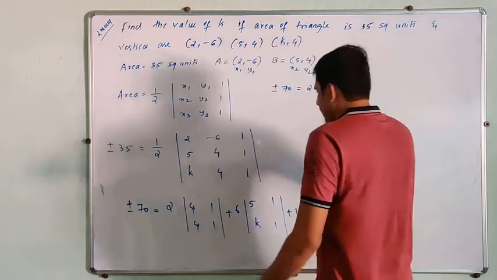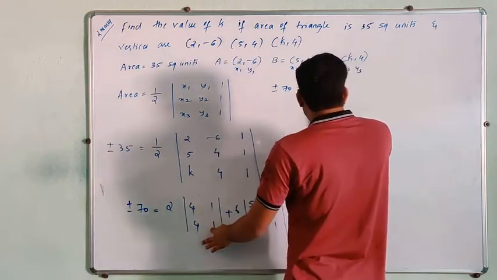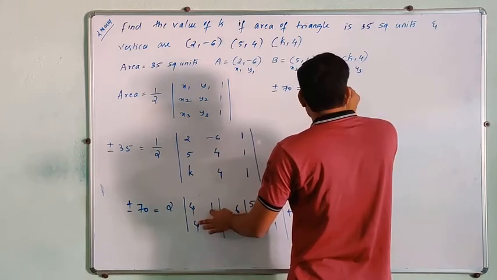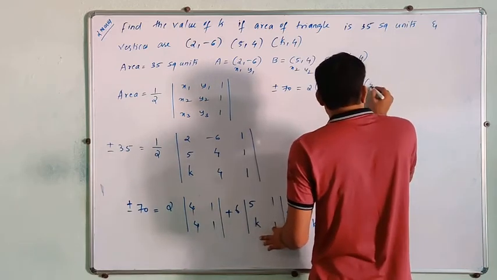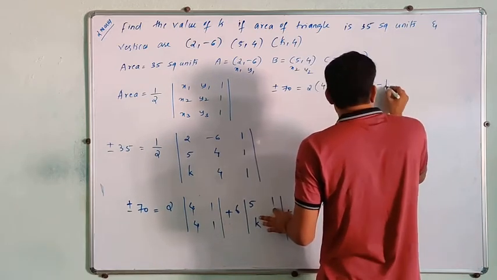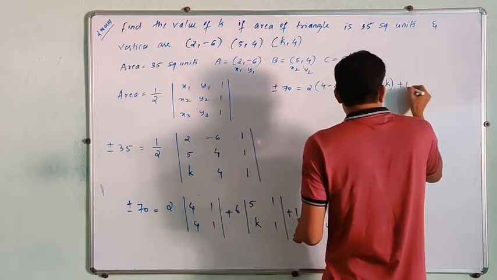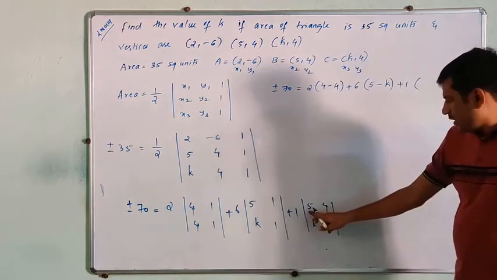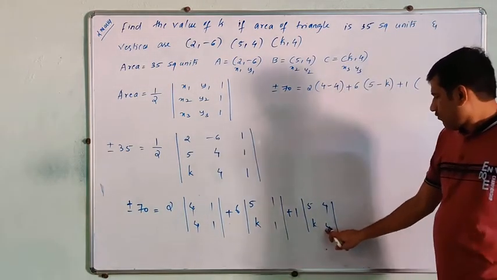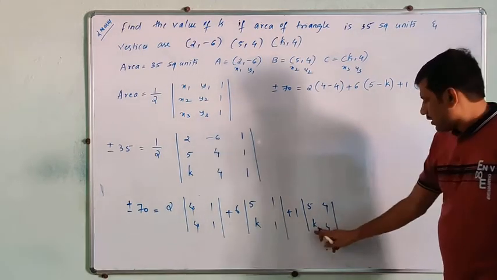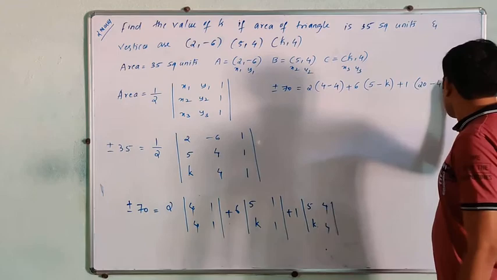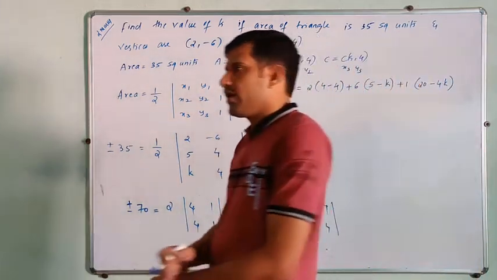So plus or minus 70 is equal to 2 into bracket, 4 into 1 is 4 minus 4 into 1 is 4, plus 6 into bracket, 5 into 1 is 5 minus k into 1 is k, plus 1 into bracket, 5 into 4 is 20 minus k into 4 is 4k. Already we know how to expand the determinant.